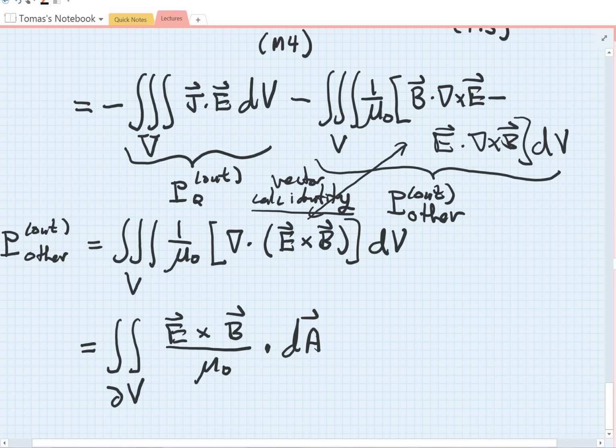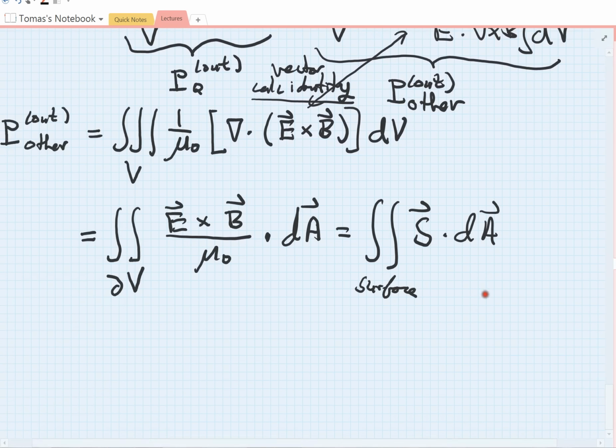Another way this is often written is to say that the power that can come out is an integral over the surface of the system of some vector, usually called S, dot dA. And this S is defined as E cross B over mu naught. It's what you integrate over the surface to get the power that's leaving your surface.